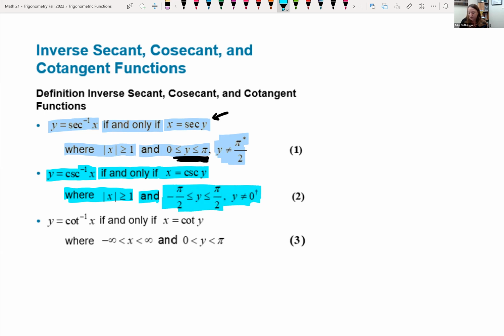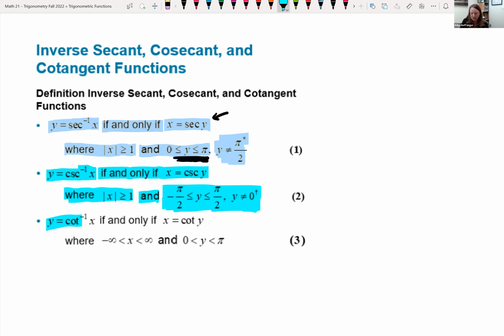And so we need to limit that domain for cosecant to be between negative pi halves and pi halves. And we also have to say that y can't equal 0. That's because sine of 0 is 0, and 1 over 0 is undefined.